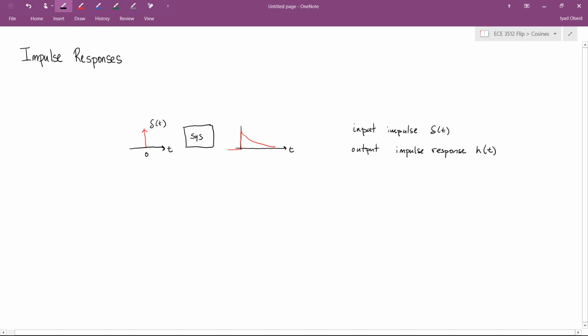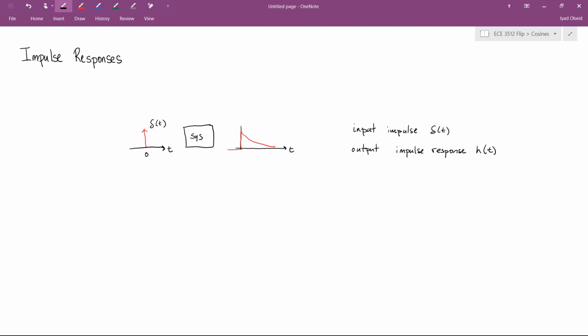Okay, and again, it should make some sort of intuitive sense that h of t should somehow capture the properties of the system, the features of the system. Okay? And that's what we're going to learn. We're going to learn that h of t tells us a lot about how the system operates.